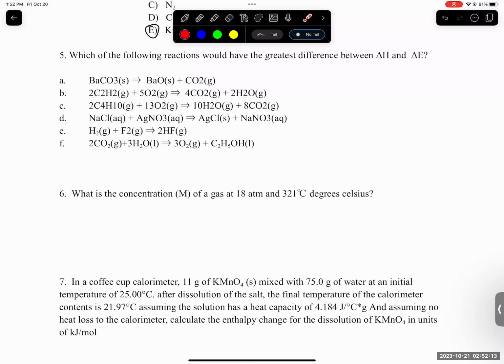All right, so which of the following reactions would have the greatest difference between delta H and delta E? So let's go through all our conditions, right? When does our delta H equal the delta E? Like they're the exact same value. When they create a standard formation?